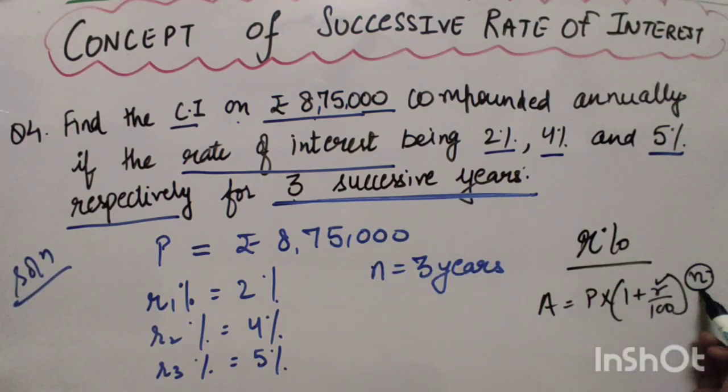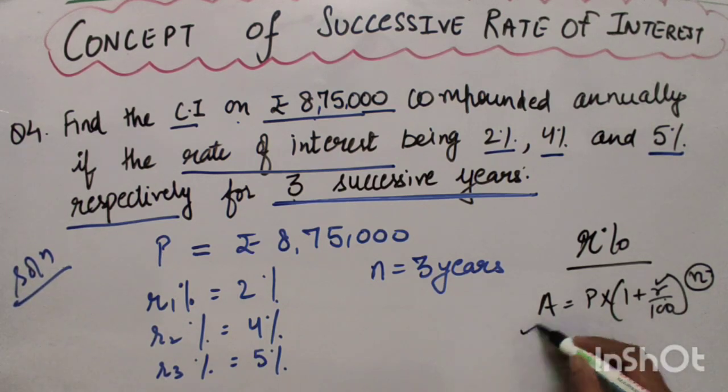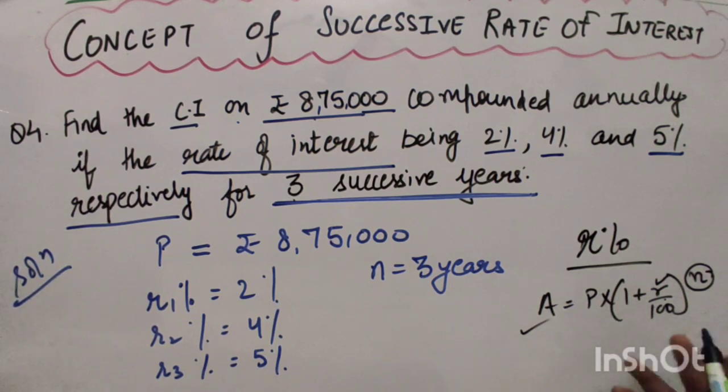We put the values and we get the amount for the given period of time.